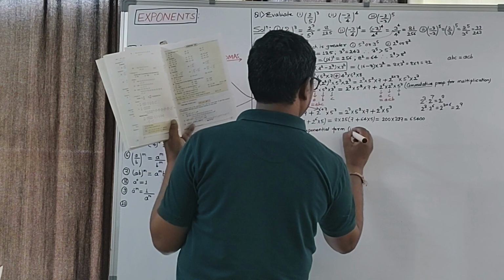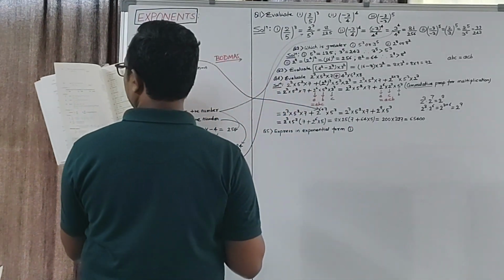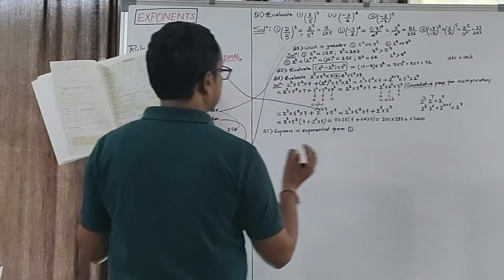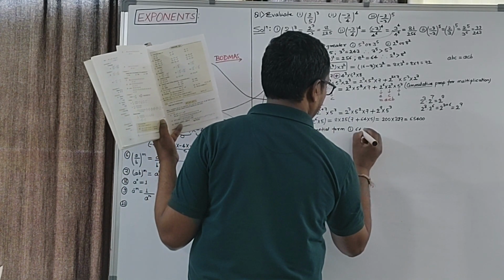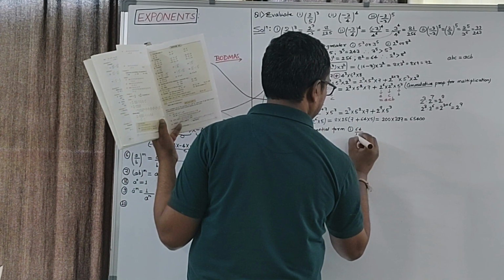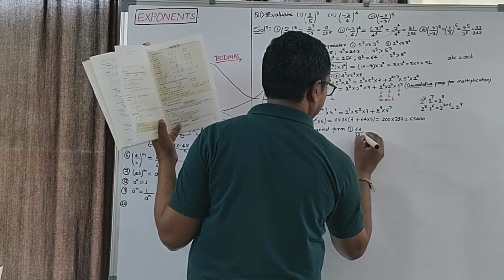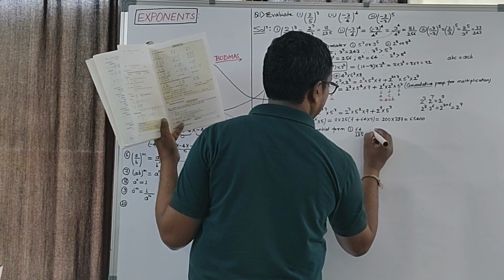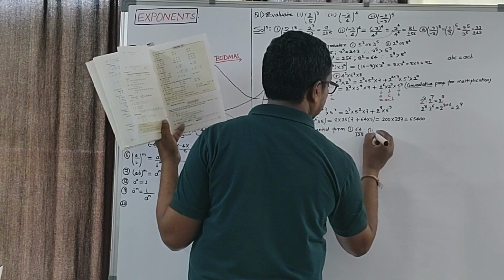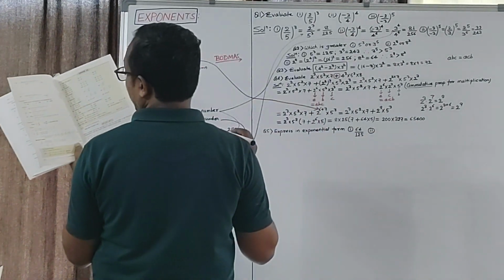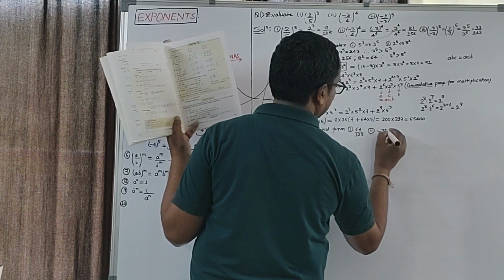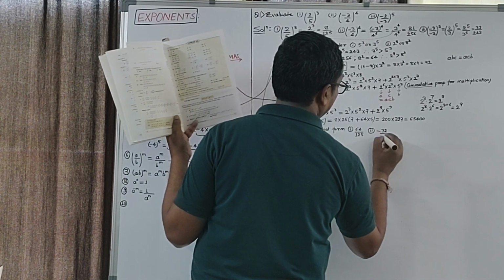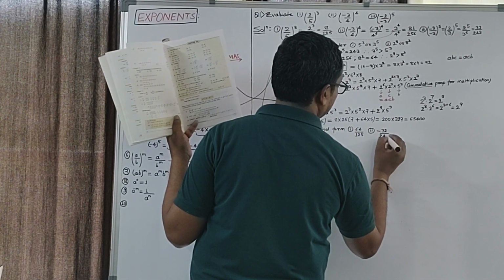What to express in exponential form? There are two parts of this question. 64 upon 125, and then minus 32 upon 243.